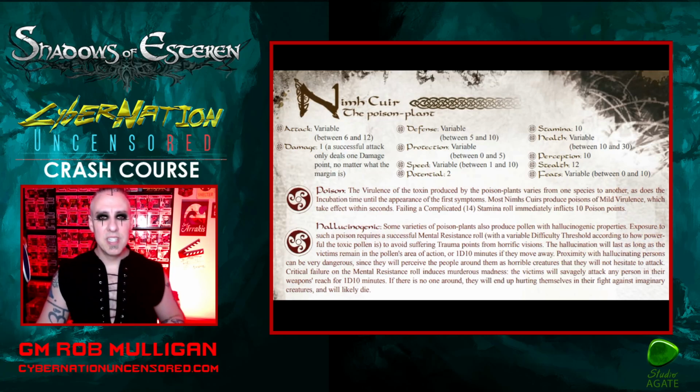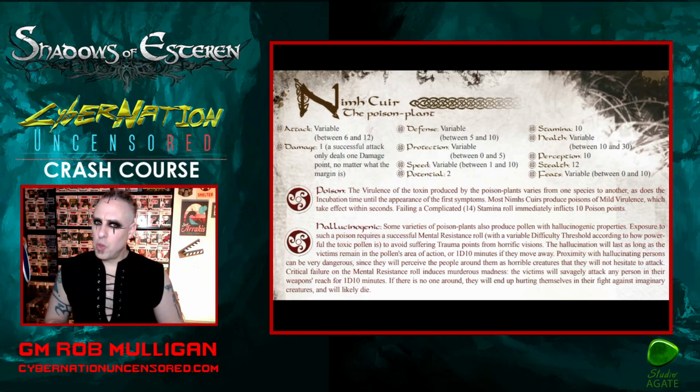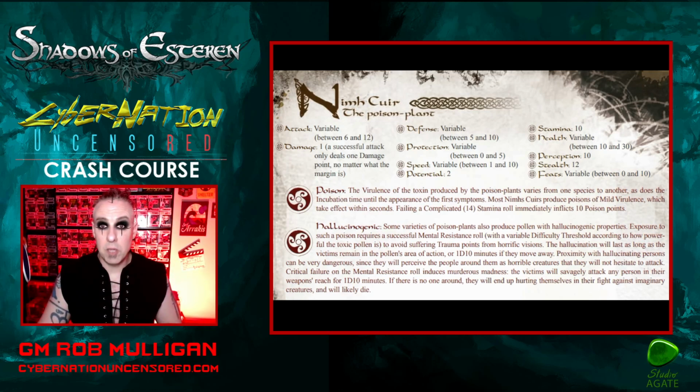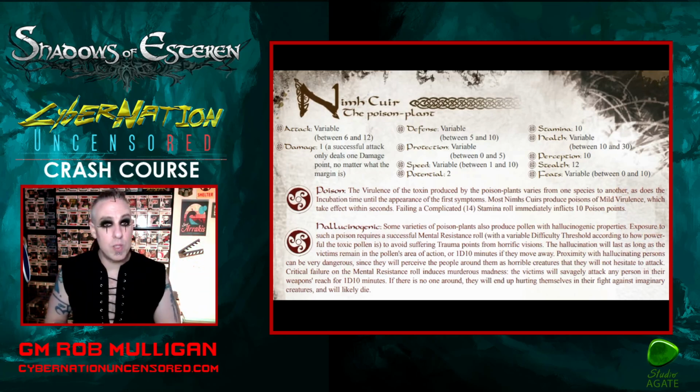A Nim Quell. That's what I'm going with. I don't speak French fluently, but I'm pretty sure that's not Cuillère, it's Quell. But a Nim Quell is basically, as you see here, a poisonous plant. So it's a Feond that is flora-based, basically plants. And they have some pretty interesting special attacks here.